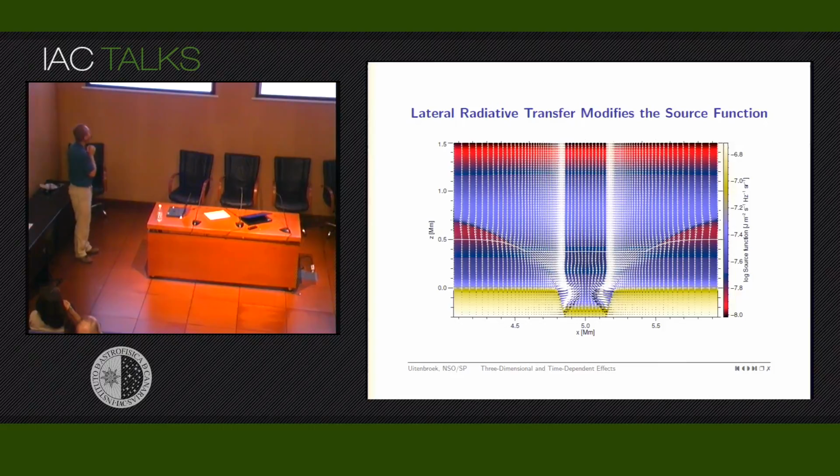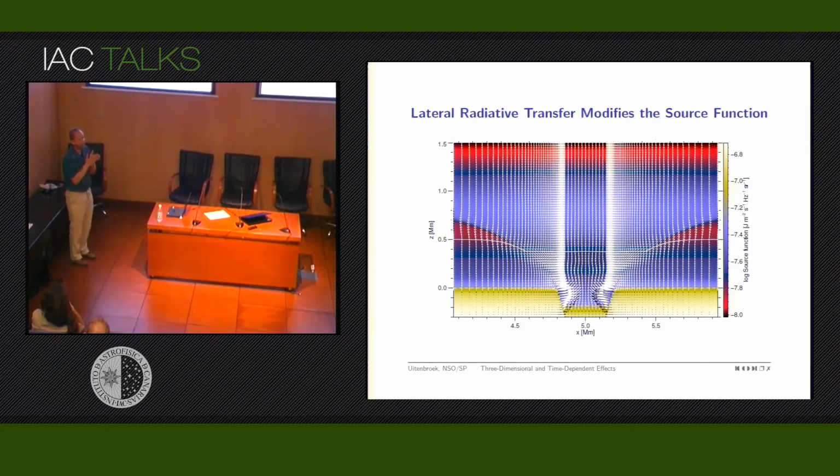And so if you would interpret the radiation field, for instance, on the axis of the flux tube in terms of a temperature, not knowing about the three-dimensional structure of this flux tube, you would interpret this as a higher temperature than there actually is. And so this three-dimensional effect makes the diagnosis of this temperature wrong.